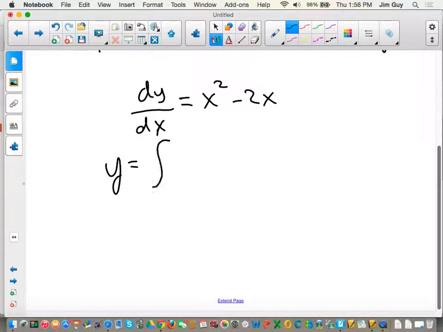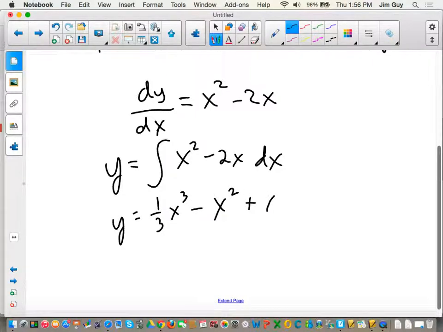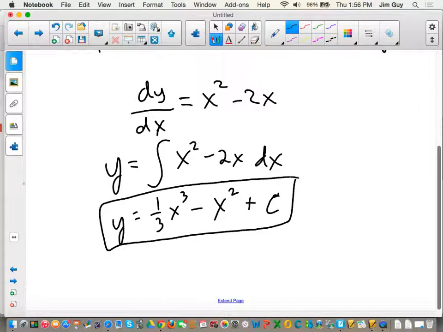And y would be the integral of this. So we use our power rule, we add 1 to the exponent, and we get 1/3 x cubed minus x squared. Don't forget the plus c. So that is our equation.